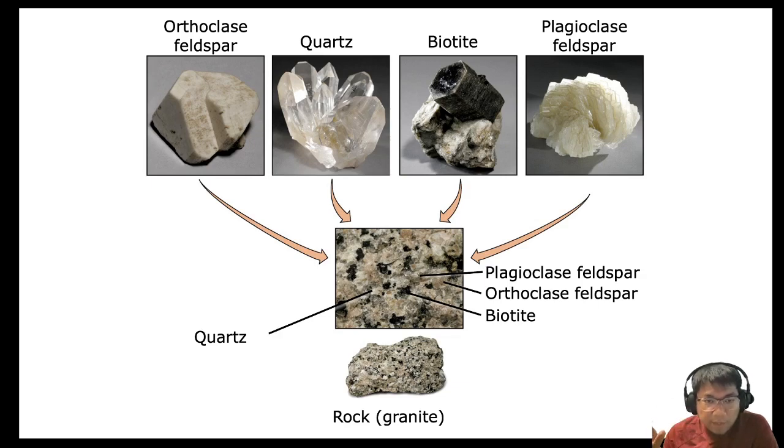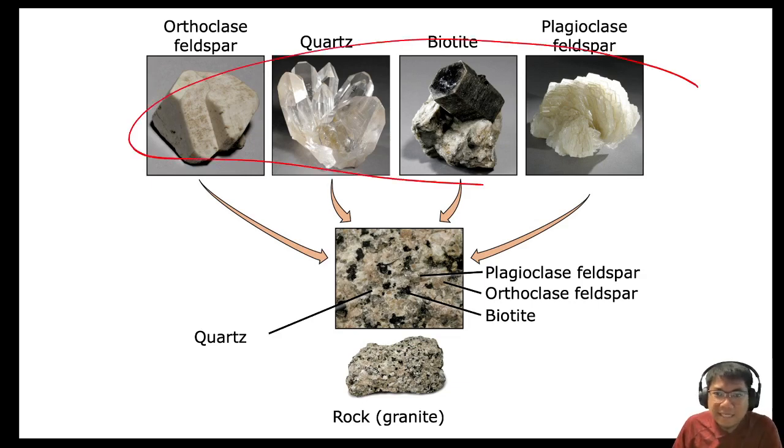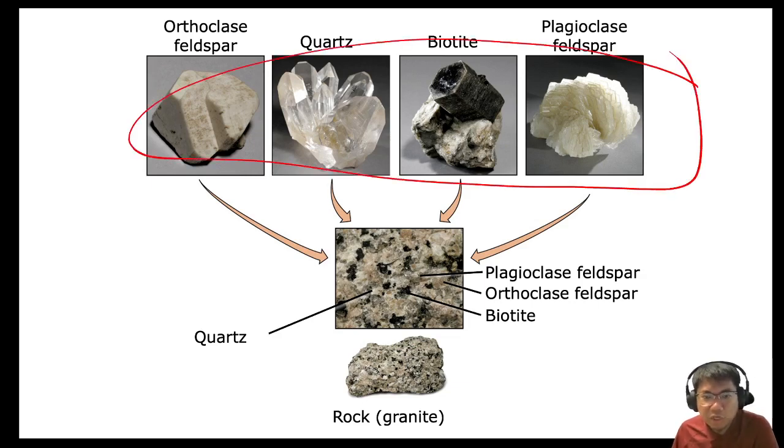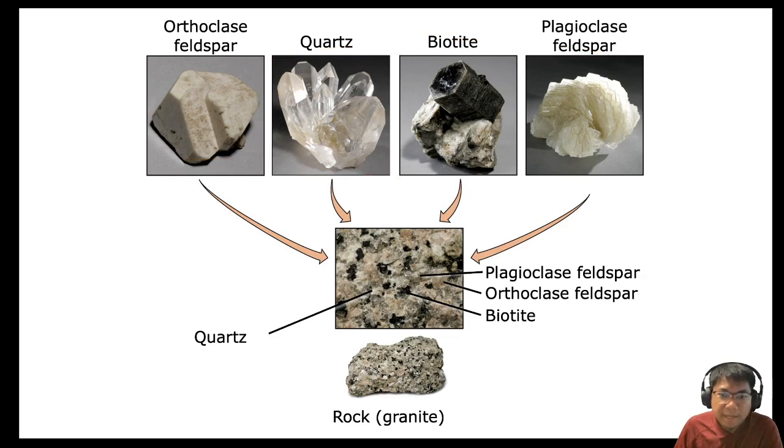Just to remind you, I've talked about this concept before: if you have a bunch of rock-forming minerals, for example these silicate minerals, and they combine, they create a rock, a piece of rock. If you see here, these black minerals represent biotite, that guy right there.